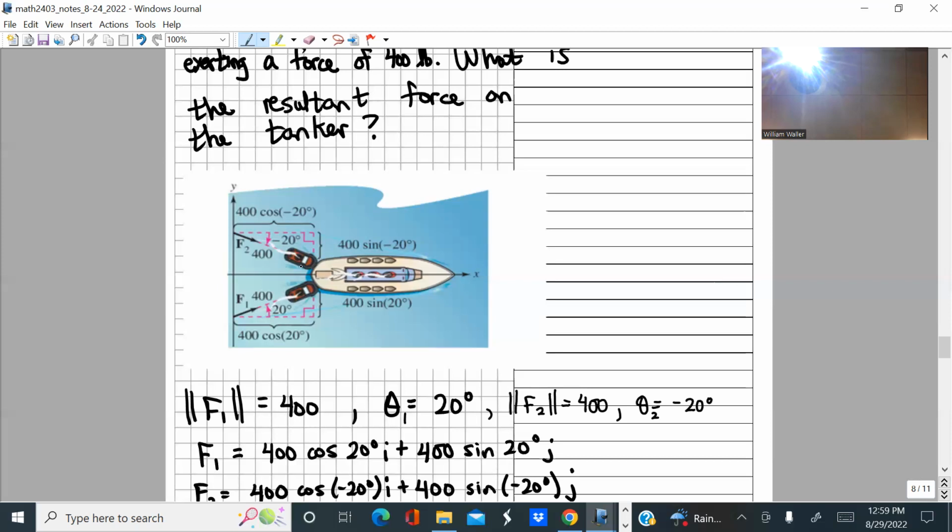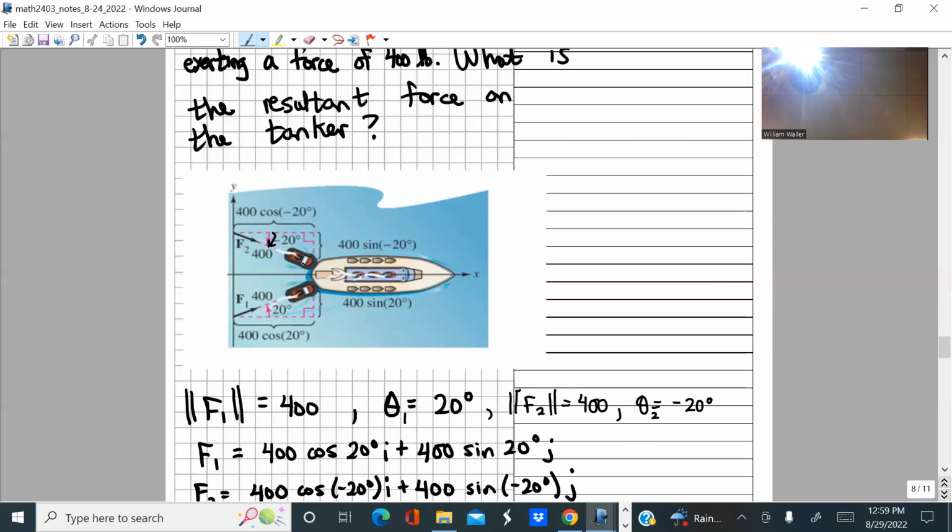Same thing for the second tugboat, except the direction is a little bit more complicated. Again, the force applied by this tugboat is 400 pounds. The direction, though, as shown in this picture, is minus 20 degrees. That is an angle from the x-axis, so you can use minus 20 degrees as the direction of this force.